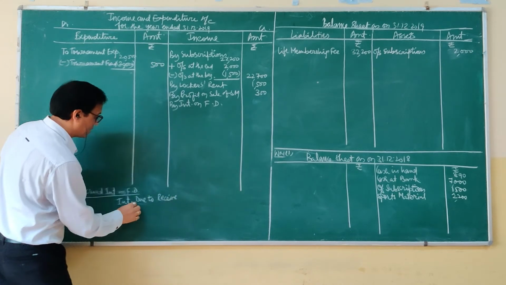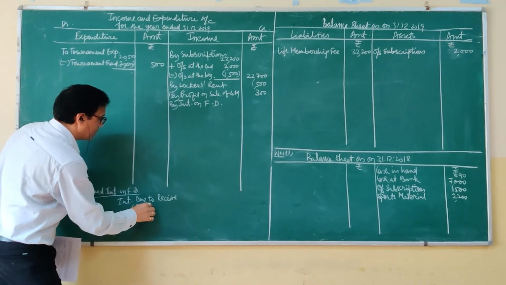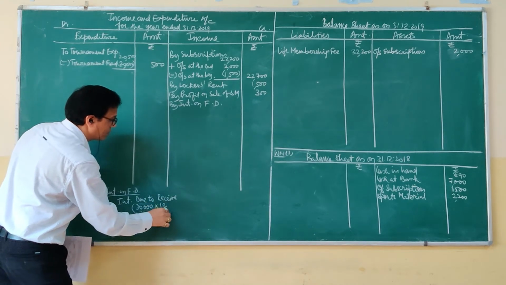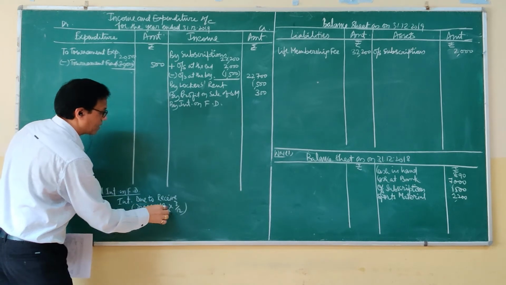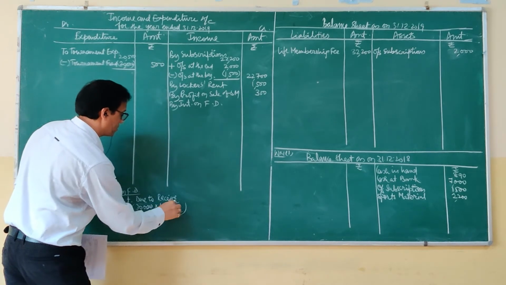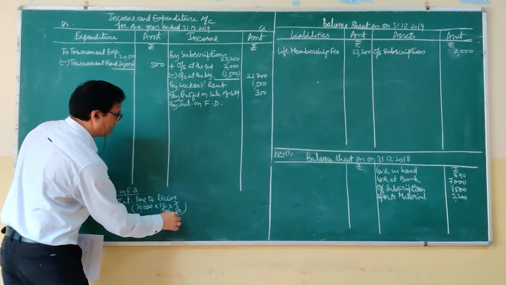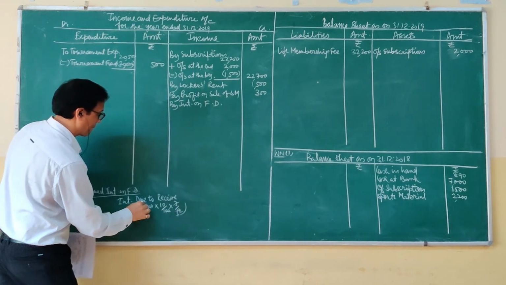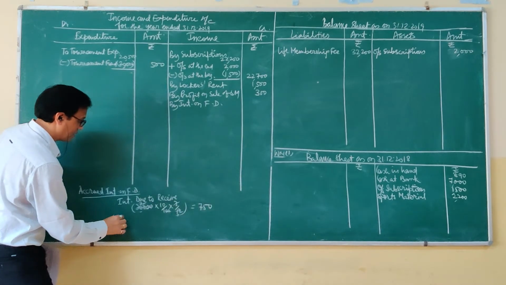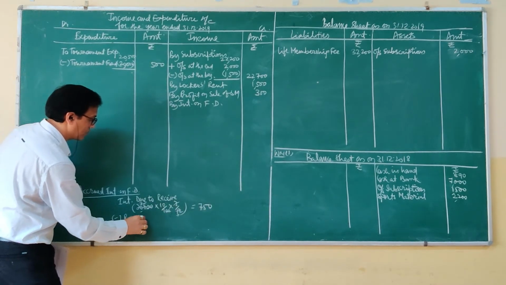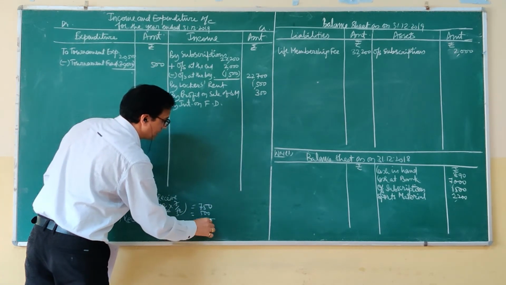How to calculate? Total amount of fixed deposit is 30,000 into 10% into 3 months. So 10% is how much? 3,000. And for 3 months it will be 750 minus received. How much is received? 500 is received. So 250 is accrued interest.